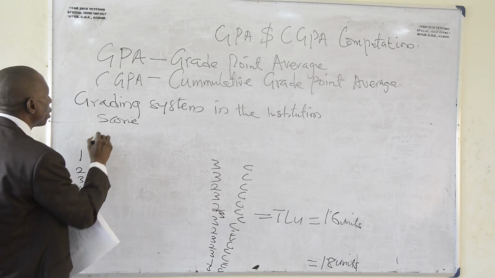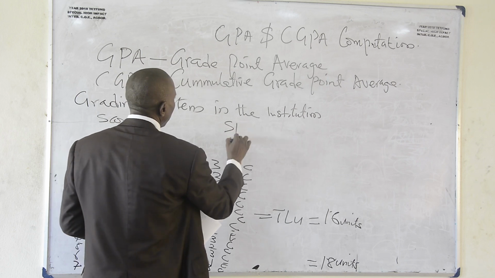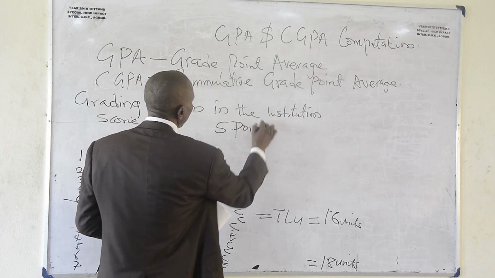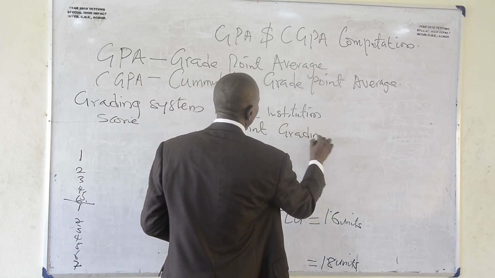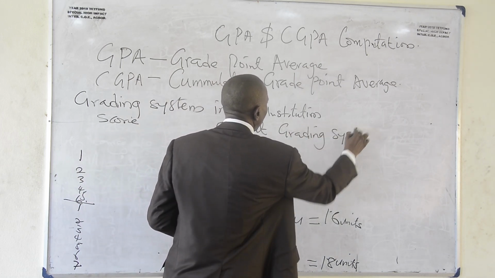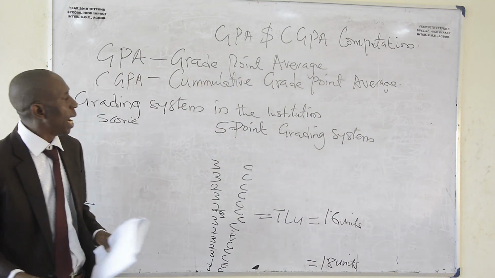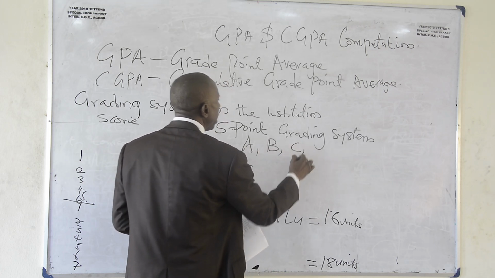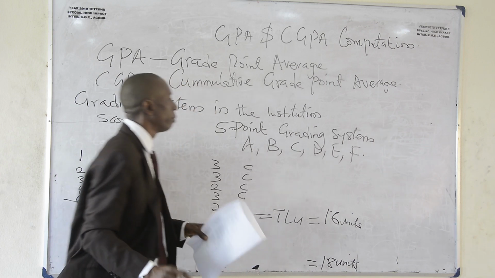A student who scores in UNIDEL, we have a 5 points grading system, and this is made up of A, B, C, D, E, and F.